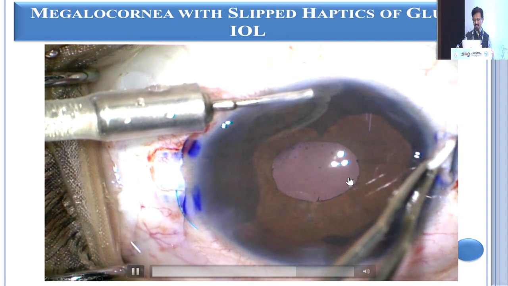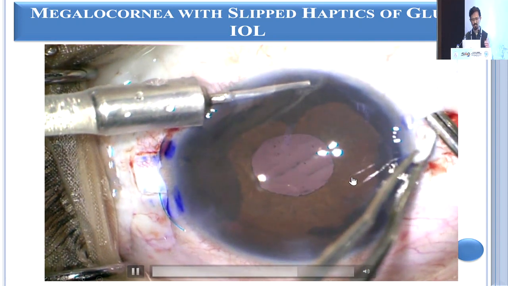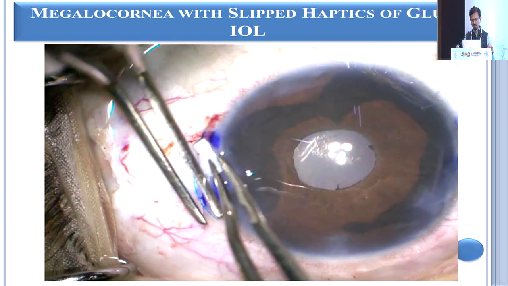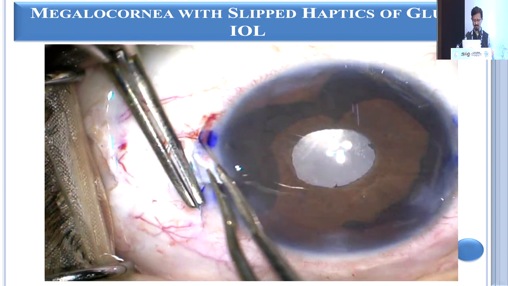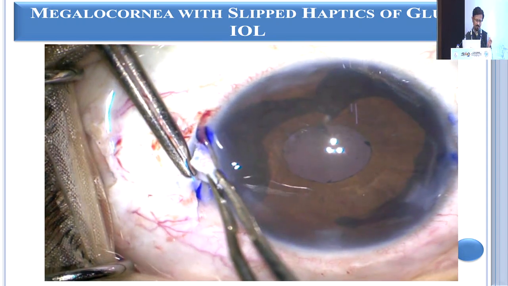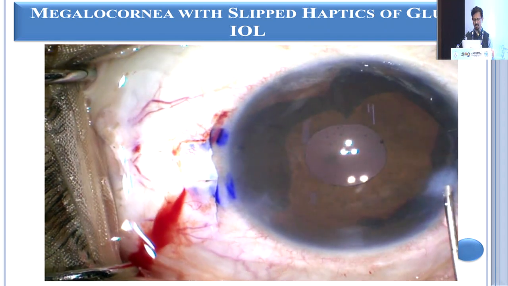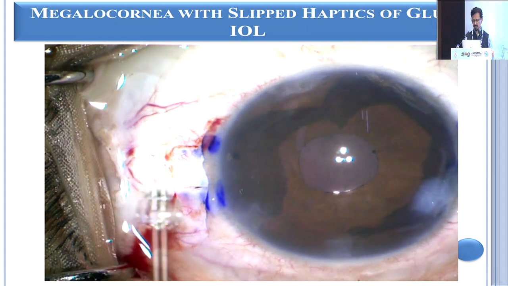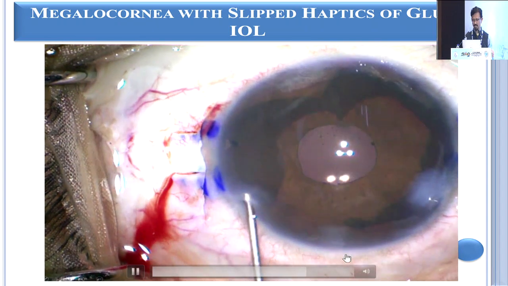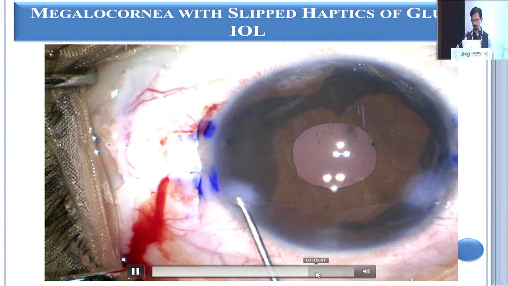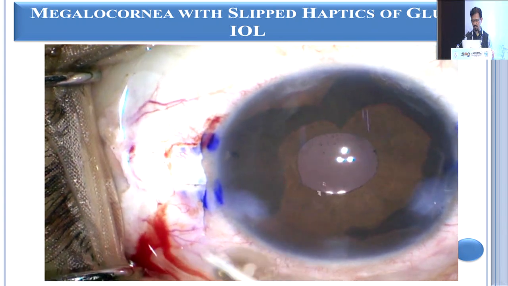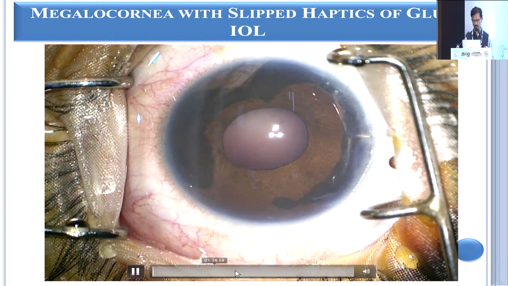And the second thing is that the risk of anterior optic capture is also lesser in these cases, if you make a small peripheral iris hole through which you take out the IOL haptic and then tuck it in. So this is what has been done, and then the wound is stabilized.